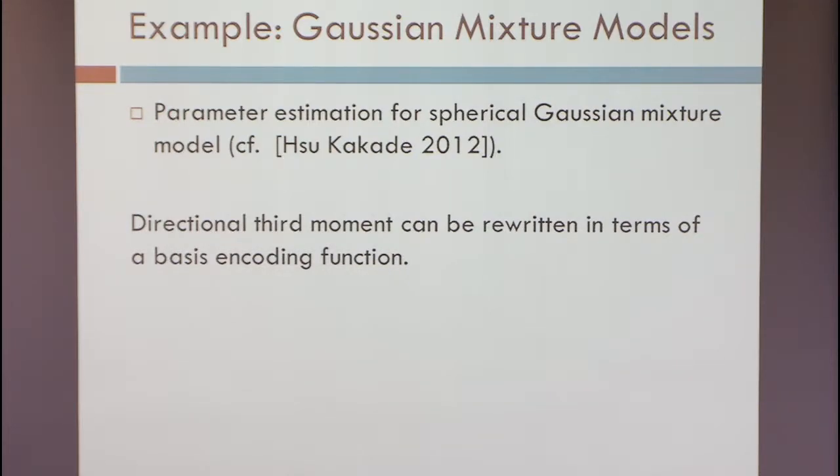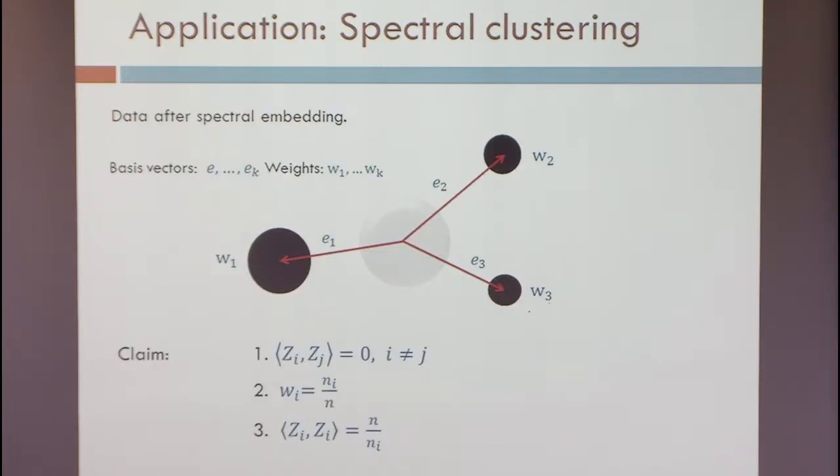And it turns out that that can also be written as a basis encoding function, sort of an equivalent rewriting. And finally, I'll skip this, but you can also show that multi-way spectral clustering is also an example. You can reformulate it in this form.